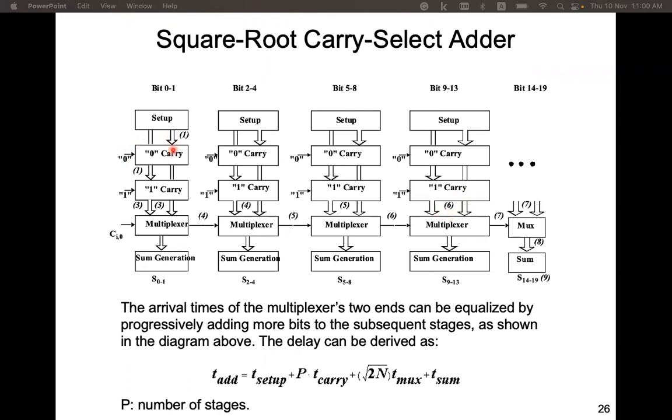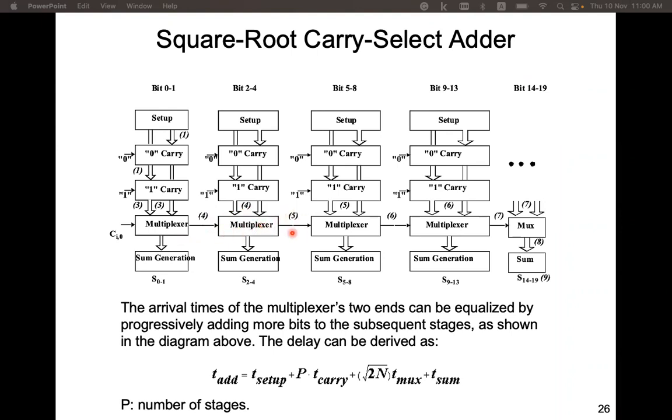Now let's consider the multiplexer's path. The signal is available at time 3. Our multiplexer output is available at time 4, and this 4 matches the 4 here. And the left and top side inputs of the multiplexer are available at the same time.